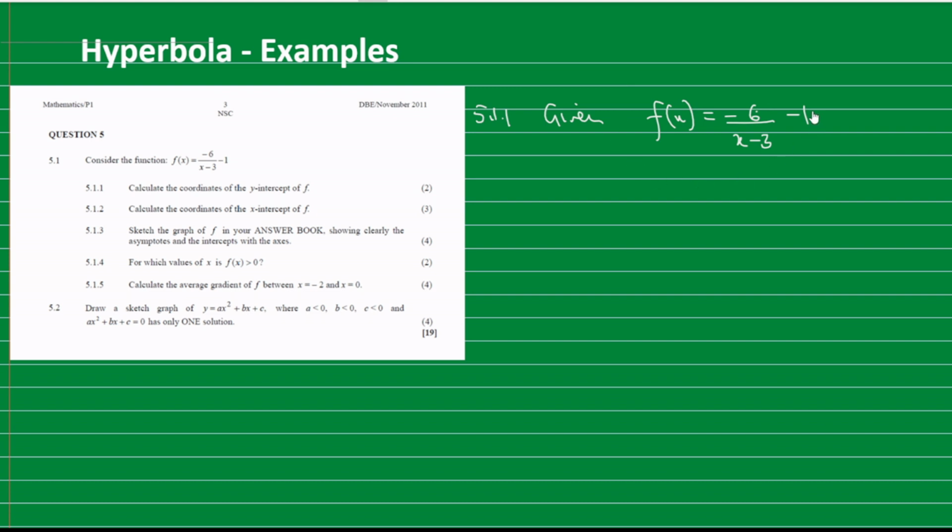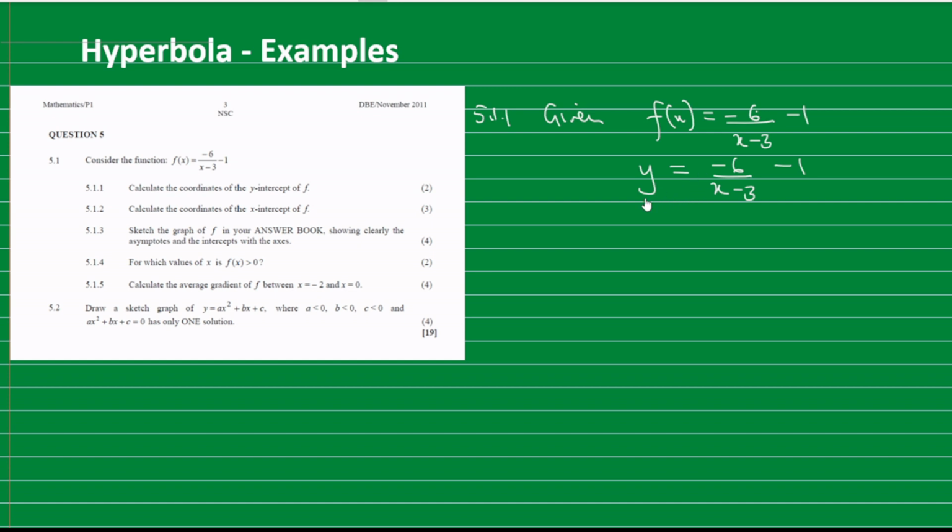So what we see here is the general equation of a hyperbola, where f of x refers to y, so we can write y is equal to negative 6 over x minus 3 minus 1. Even before we get into the questions, we should be able to characterize this graph in order to explain the nature of the hyperbolic function.